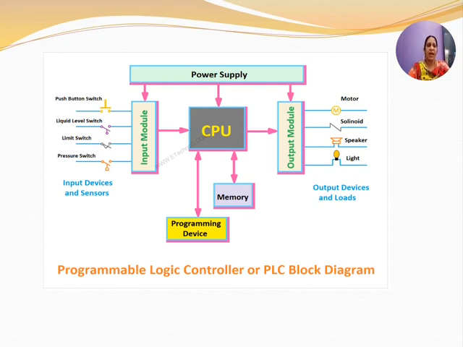Now you are given a task that when you turn on the switch, the light should glow only after 30 seconds. This is the condition which you want to implement. With this hardwired setup, we are stuck because the only way to achieve this is to completely rewire our circuit to add a timing relay.